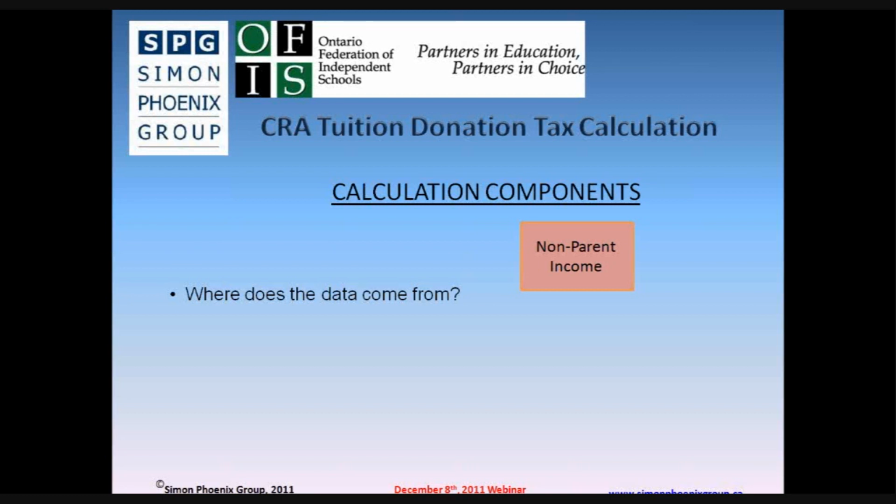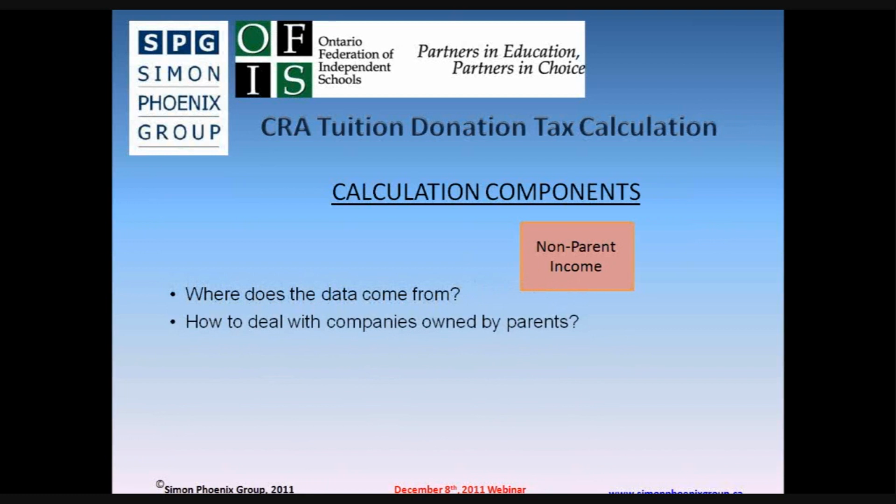The key thing to note is that any donations received from non-parent sources cannot be directed towards the education of a particular student in order for it to be deemed a donation. If it's directed towards a single student, then it's a tuition payment. It's not a donation. So that's something to be very, very careful of.